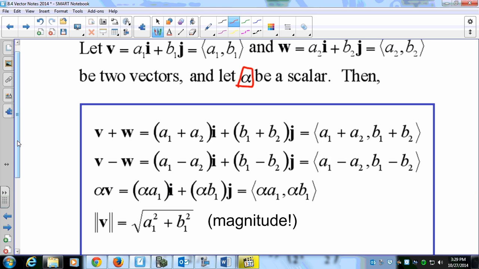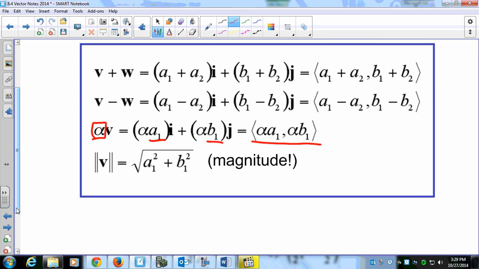For subtraction, you subtract the i components and subtract the j components as well. When you're doing a scalar, all you're doing is distributing the alpha through both the i component and the j component. You get a resulting vector as such.